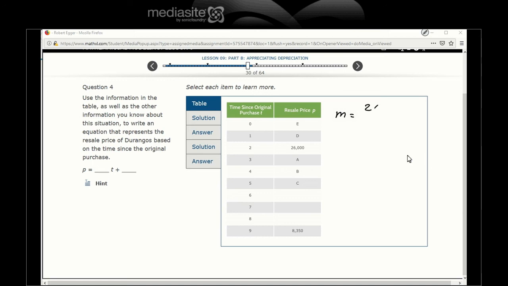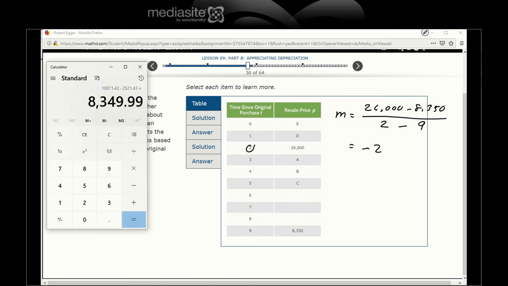You're going to take the 26,000 minus 8,350. Okay, 2 corresponds to 26,000, and 9 corresponds to that guy, which again will give us minus 2521.43. All right.